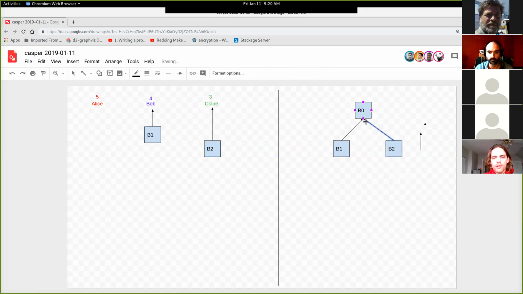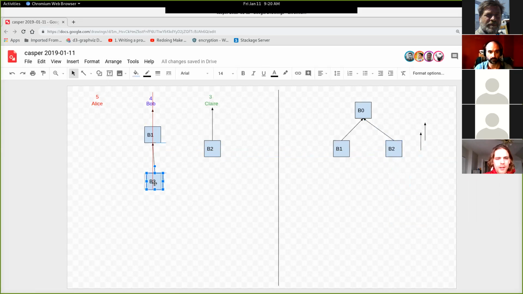We've got a regular old fork in the block DAG. And then let's say Bob will build one. This is B3. He's only seen his own, so he'll build it over here like this.